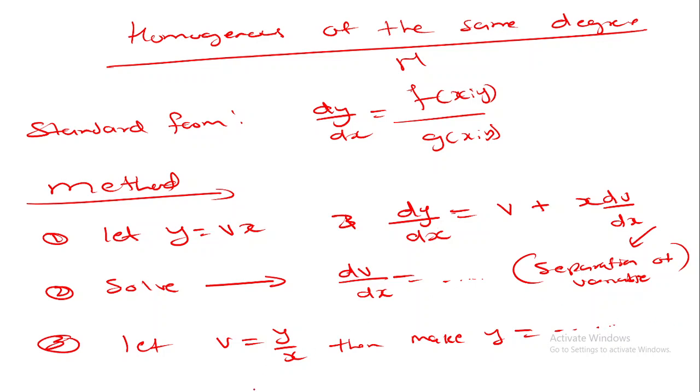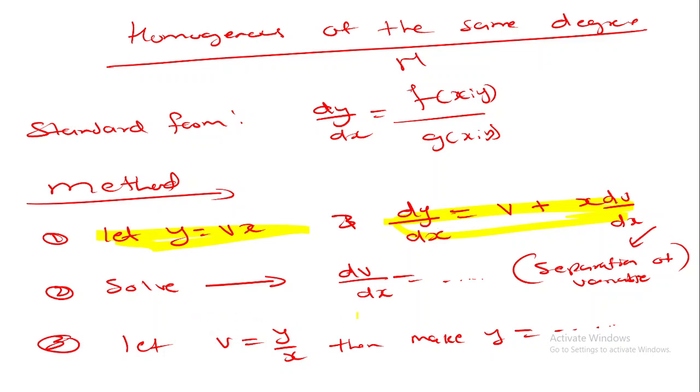Okay, let's go through this again. First thing first, you're going to let y equal vx, and you're also going to let your derivative equal v plus x dv all over dx. Then step number 2, you're going to solve whatever you have after letting y equal vx and your derivative equal v plus x dv all over dx.